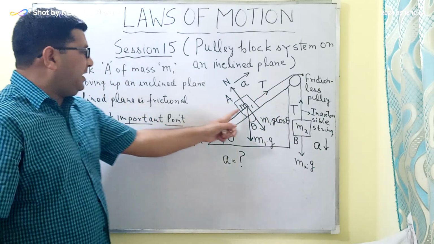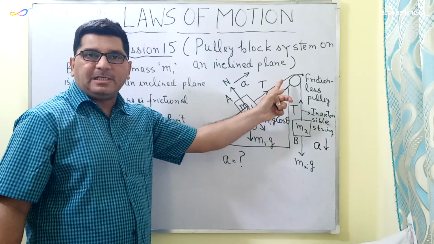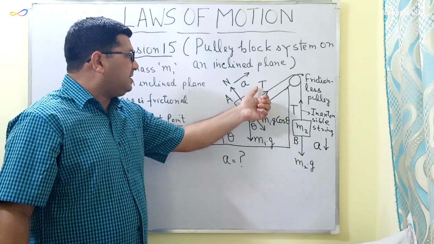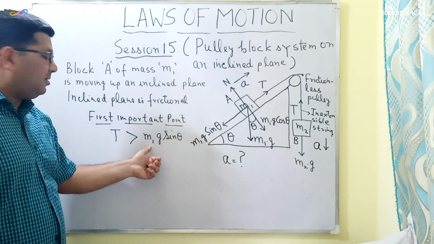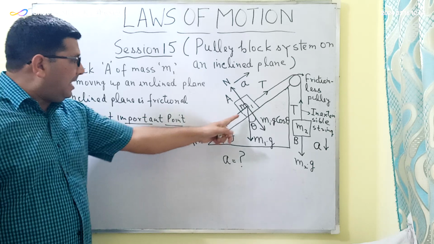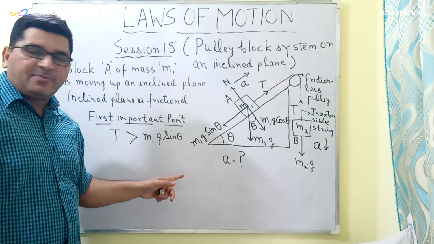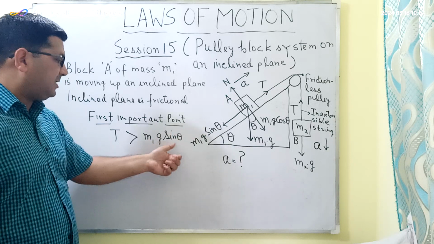So this body A of mass m1 will move along this inclined plane in the upward direction only when the tension in the string is greater than the component of the weight along the inclined plane which is acting in the backward direction. That component is equal to m1g sin theta.